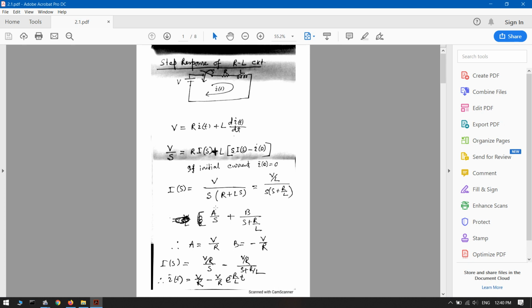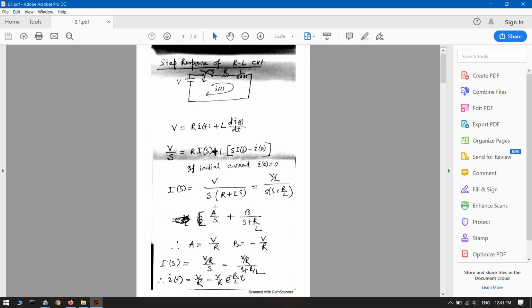Okay. So we can now write I of s equal to V by R by s minus V by R by s plus R by L. So we have I of t equal to V by R minus V by R into e to the power minus R by L t. Any confusion regarding this? Now you see that we are able to solve this differential equation. The initial equation was V equal to R into i of t plus L d/dt of i of t.